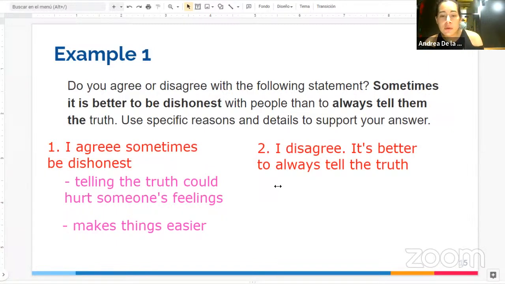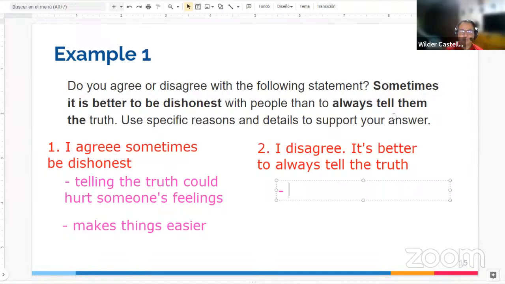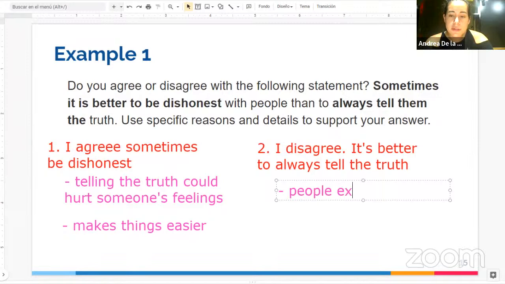Now let's think about option number 2. What would be one reason why it's better to always tell the truth? Because people always expect someone to be honest. Okay, yes. People always expect honesty, right?